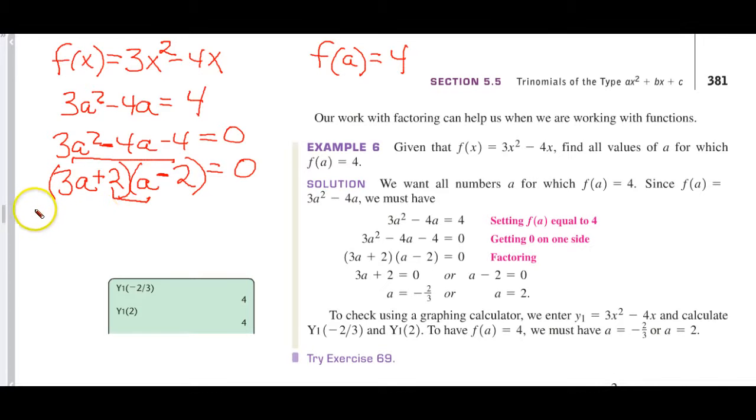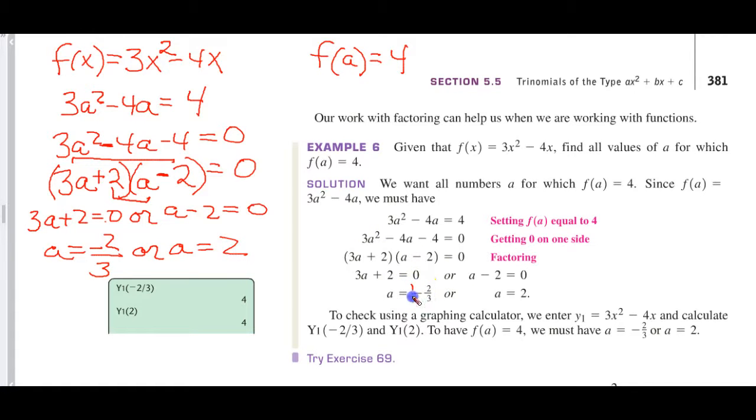Now, we then equate each of these to 0. Solve each one. Transpose that becomes a negative 2 divided by 3, or a equals 2. And there are my answers.